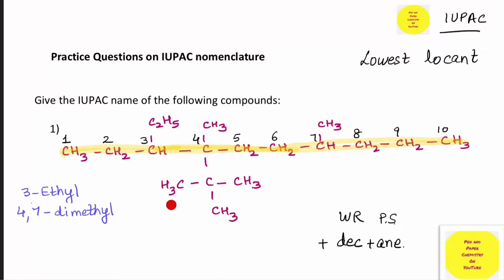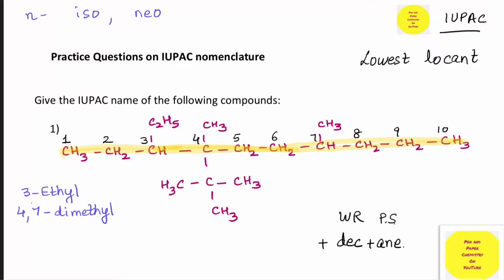Now how do I name this part? You see, this is a chain with another set of side chains. So branches to branches, right? How do we name it? There are 2 different ways that you can name it. You can either call it tertiary butyl. Again, there are a lot of students who face confusion in n, iso, neo, primary, secondary, tertiary.